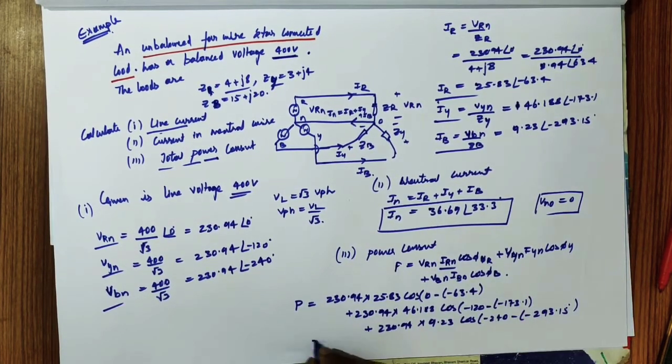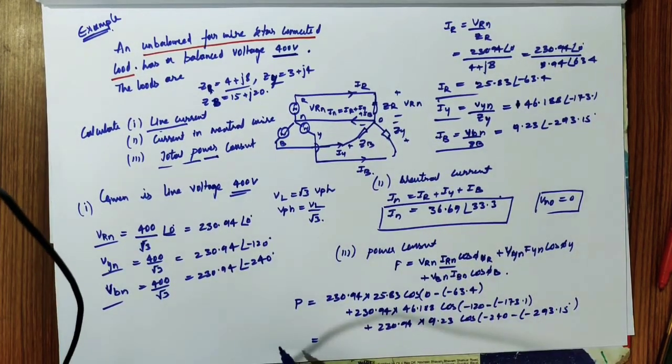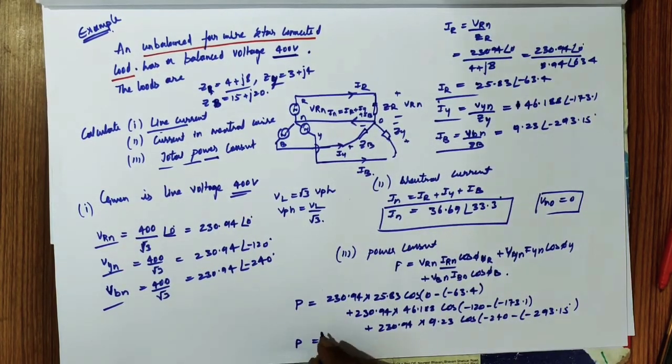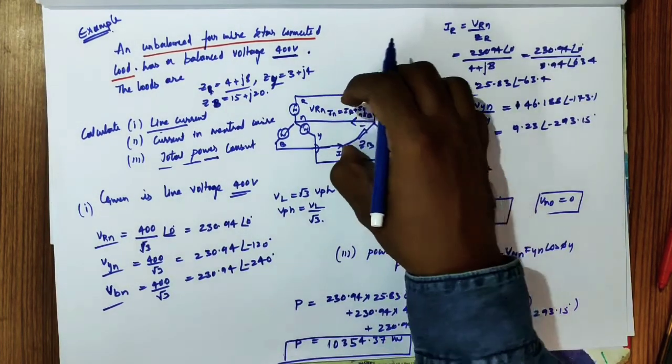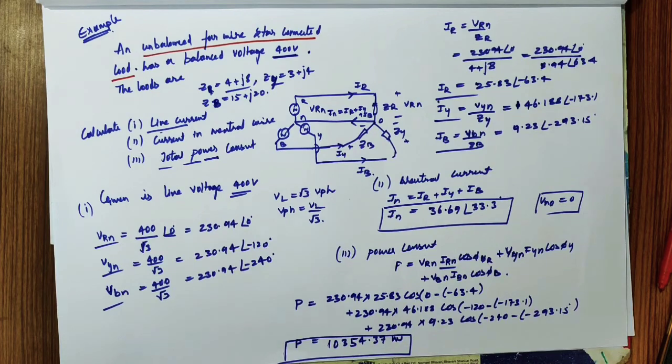So we obtain the total power consumed, a value of P equal to 10,354.37 watt. Okay, this is the total power consumed by this star connected 3-phase 4-wire load.